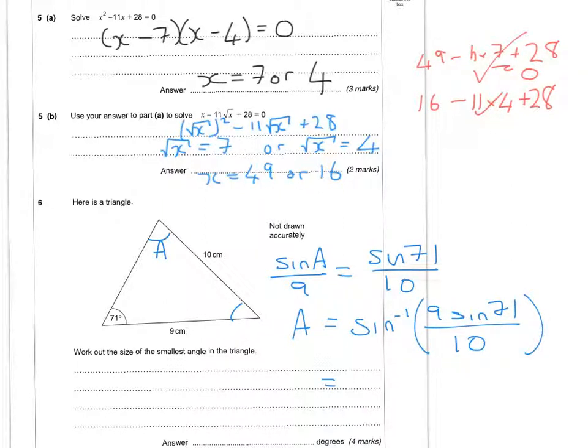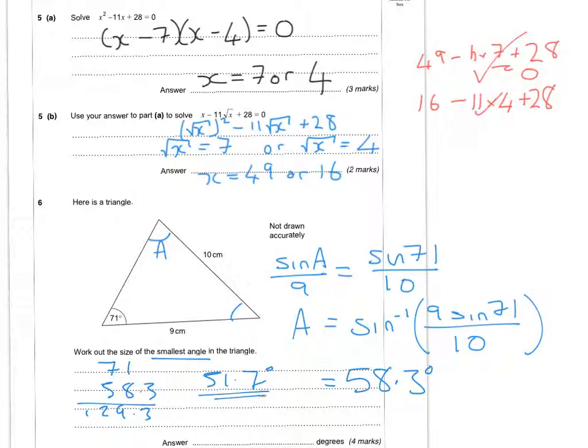And on my calculator that comes out to 58.3 degrees. So 71 plus 58.3 is 129.3, leaving my third angle to be 51.7. So the smallest angle is 51.7 degrees.